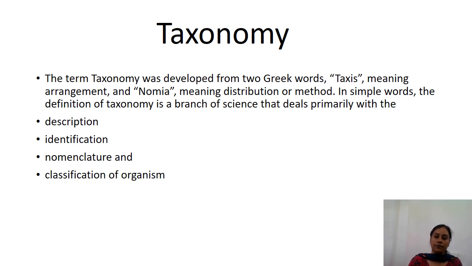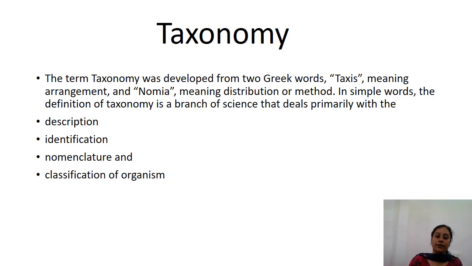So in simple words, we can say that taxonomy is a branch of science that deals primarily with description of an organism, identification of an organism, nomenclature of an organism, and then classification of that particular organism. Suppose we found one particular living being and we did not know about the identity of that organism.